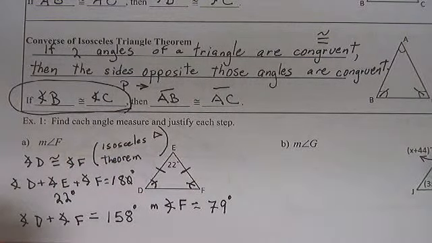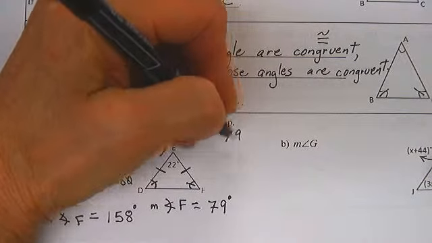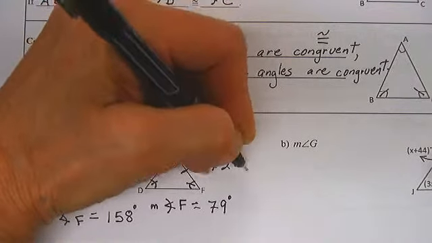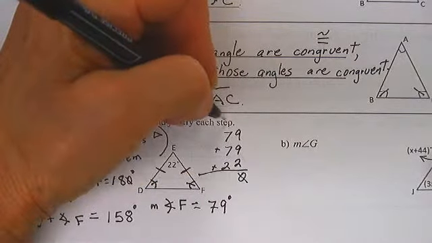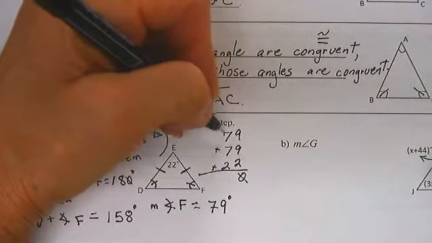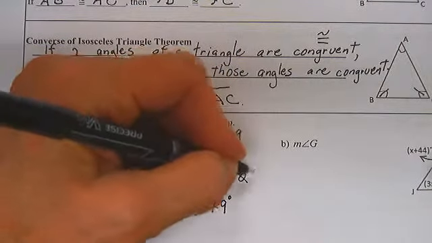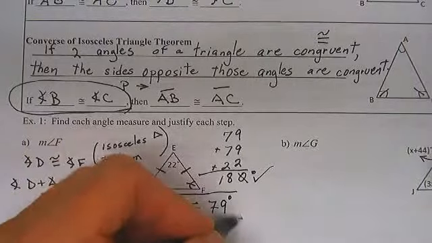How can I check and see whether I'm right? Well, let's see. 79 plus 79 plus 22. 9 and 9 is 18, plus 2 is 20. Carry 2. 2 and 7 is 9, and 7 is 16. 2 more is 18. We are right, and we can prove it.